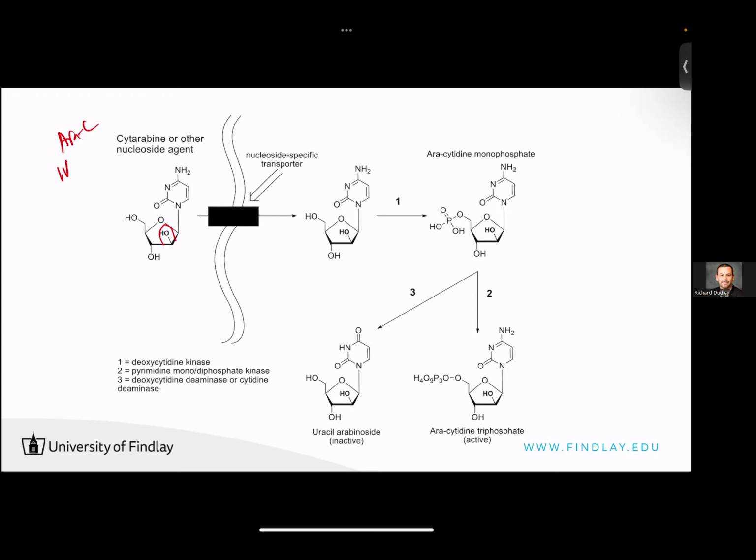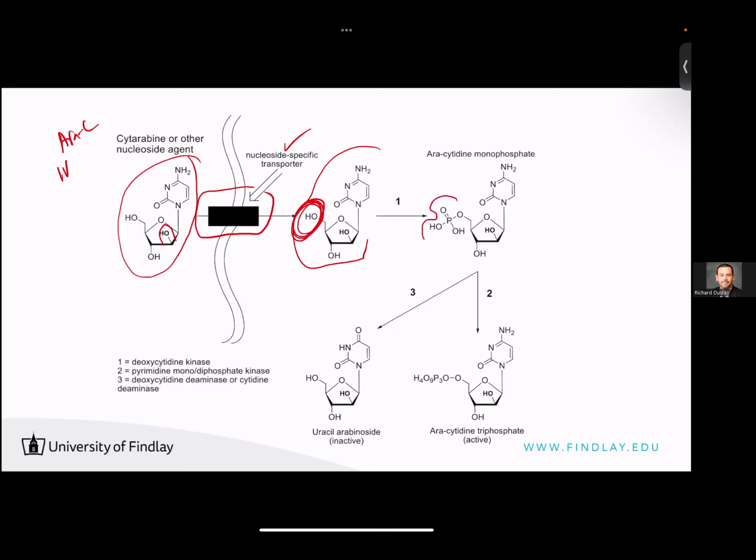After it gets injected or infused into the patient, again, cytarabine will encounter these nucleoside transporters. These nucleoside transporters that are expressed on cancer cells are greedy. They want to take up as much nucleoside as possible so that the cell can proliferate. And this nucleoside transporter is happy to grab onto cytarabine and pump it directly into the cell. And once it's in the cell, that's when the kinase activity is going to occur at the 5' position on that arabinose ring, right?